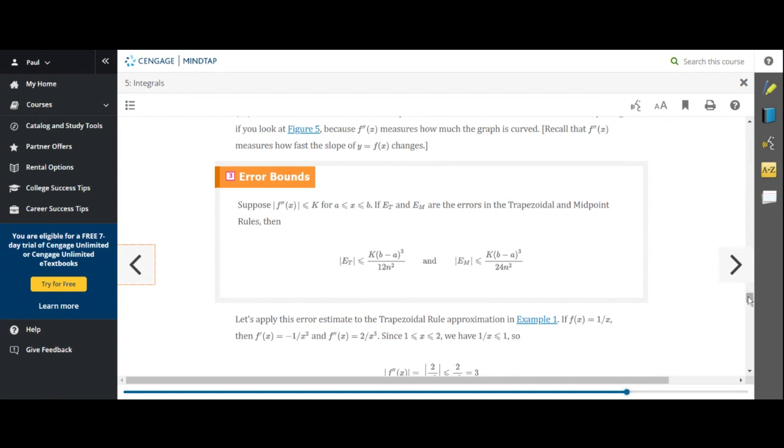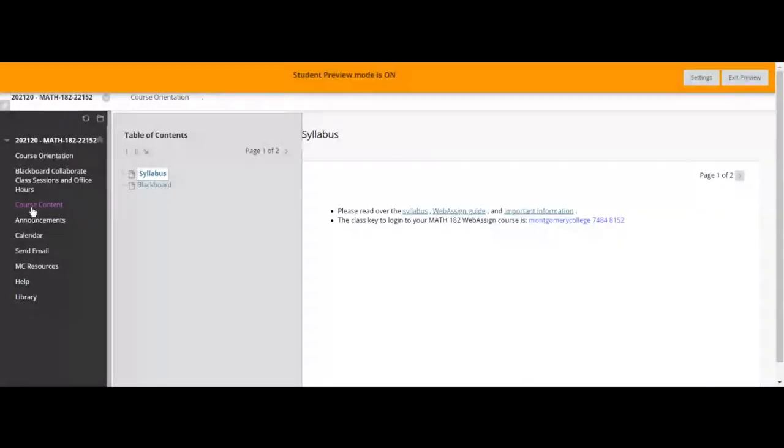Okay, but remember in Blackboard, in the course content area, let me stop sharing here. One moment. Okay, let me go back into the course content.